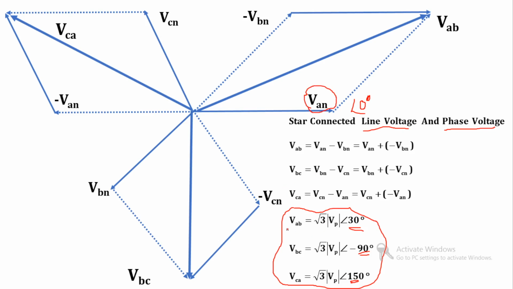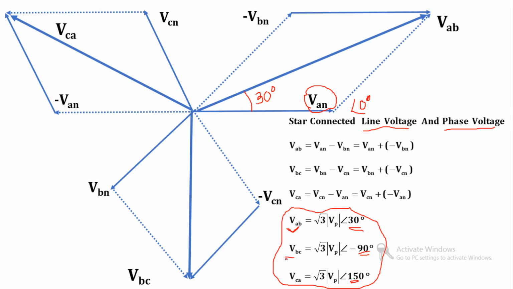So first equation shows that VAB is at an angle of plus 30 degree with respect to 0 degree. So you can see that this angle looks like 30 degree with respect to 0 degree.